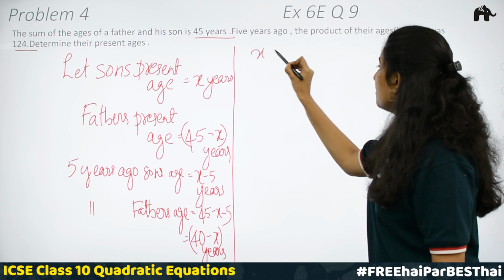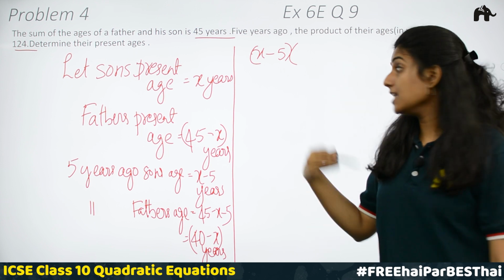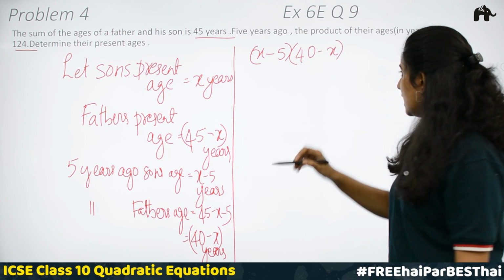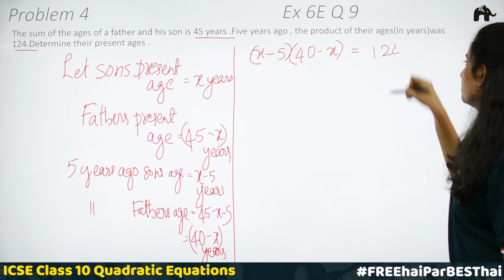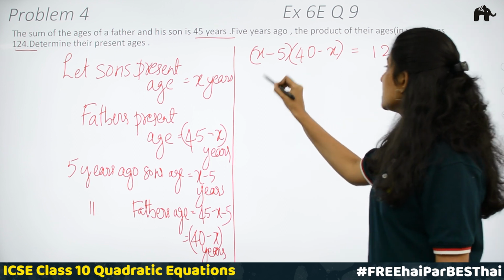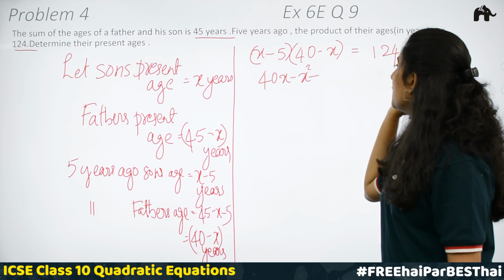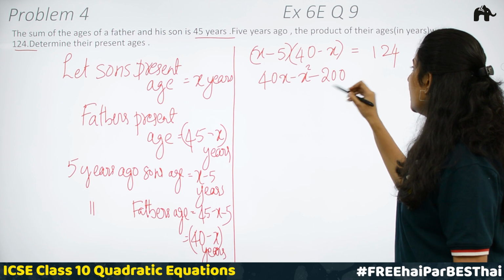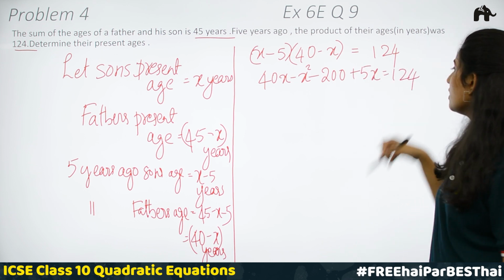Given product of their ages 5 years ago is 124. Son's age 5 years ago, x minus 5. Father's age 5 years ago, 40 minus x, that is equal to 124. Okay. Removing brackets and multiplying, we get 40x minus x square minus 5 into 40, that is 200, plus 5x is equal to 124.